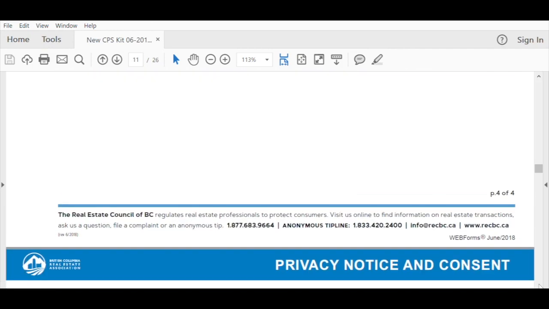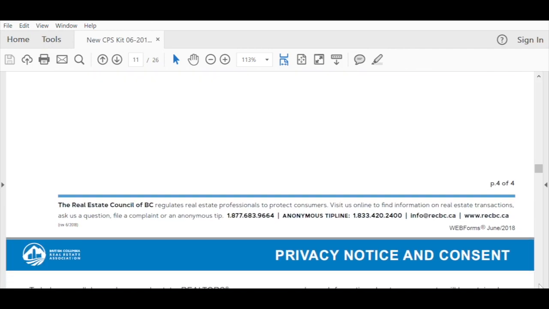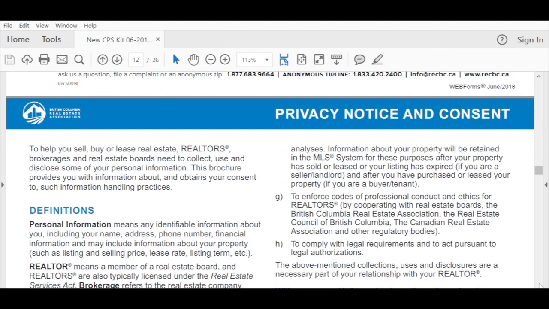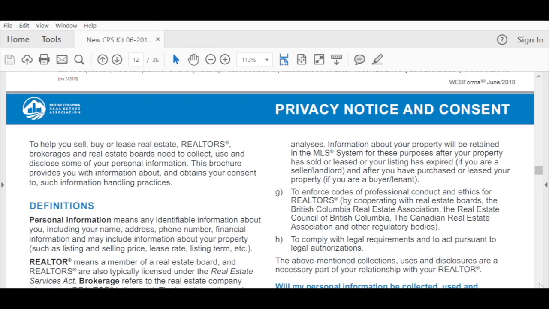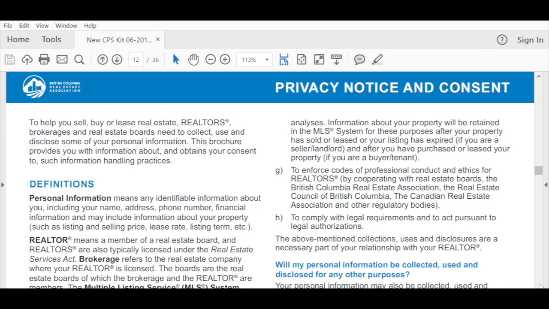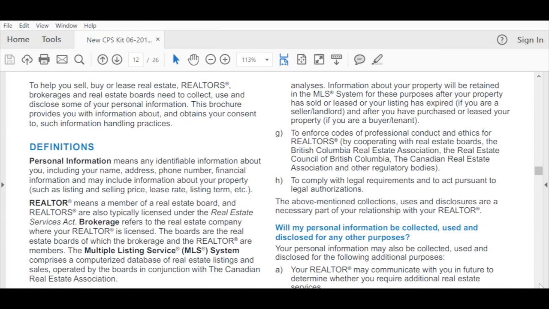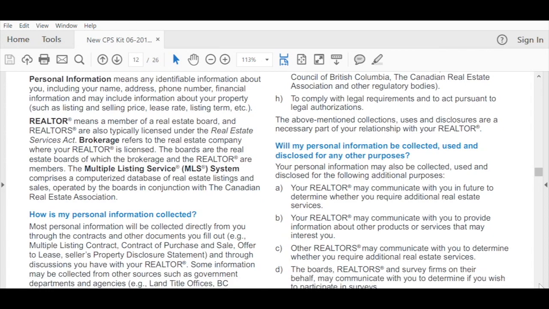After the disclosure of your trading relationship with the consumer, the next thing is you need to provide this privacy notice and consent to the consumer, which provides a definition of so-called personal information and how my information is collected, and will the personal information be used and disclosed for any other purpose.